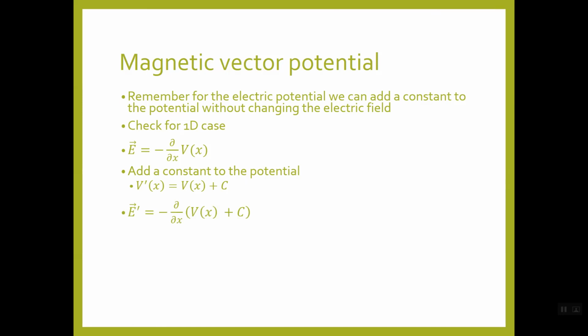So E prime would be minus d dx of V prime, so V plus c. Multiply that out. c is a constant, so d dx of c is 0. So E prime is minus d dx of V, so E prime is equal to E. We just proved that we can add a constant to the potential, but the electric field remains the same.